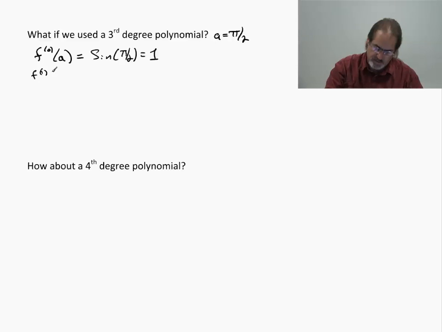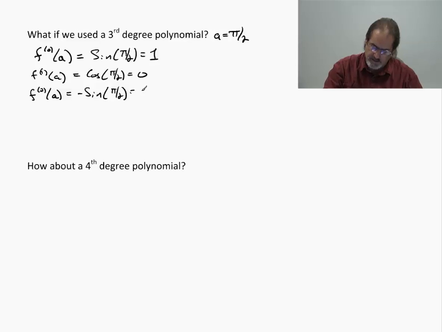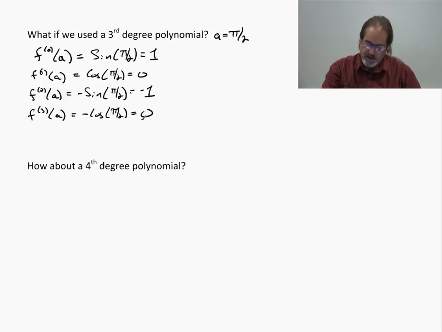The first derivative at a equals cosine of pi over 2, which equals 0. The second derivative at a equals negative sine of pi over 2, which equals negative 1. So the third derivative at a equals negative cosine of pi over 2, which is equal to 0. So the third degree polynomial won't add anything. The third degree polynomial is the second degree polynomial.